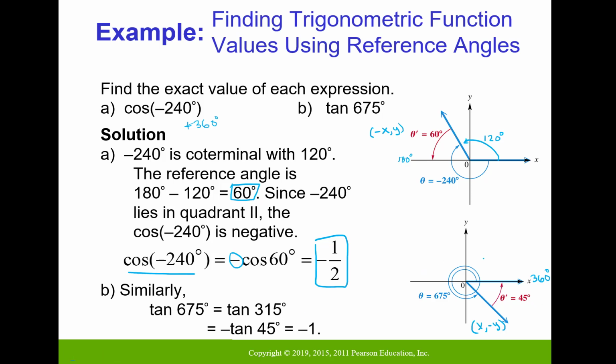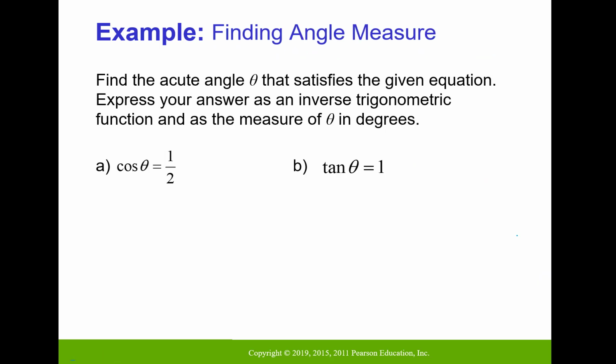Tangent of 45 degrees would give us 1, but because we have a negative y, we would want negative tangent of 45 degrees, so our final answer would be negative 1.